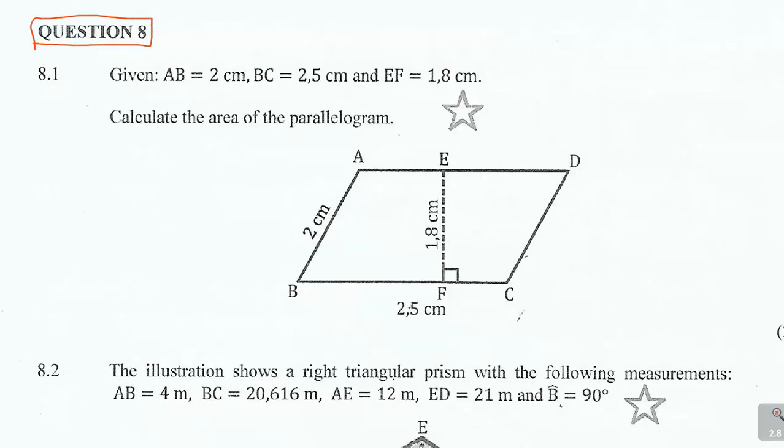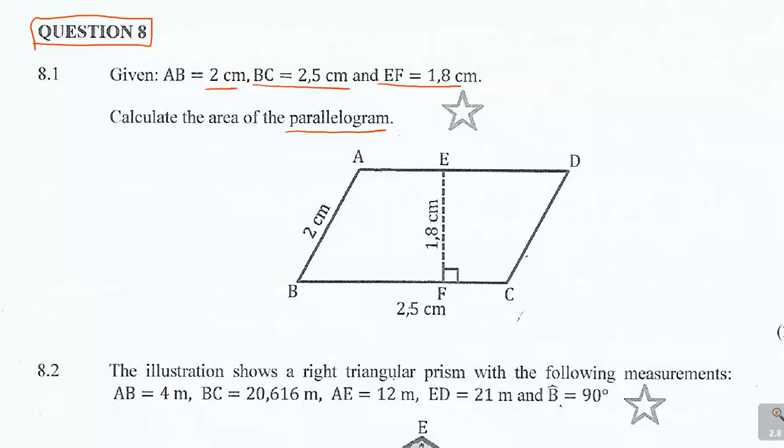Question 8 says you're given AB is equal to that, and BC is equal to that, and EF is equal to that. Look at this diagram. Calculate the area of the parallelogram. So you are given AB and BC and EF. It's 2 marks.